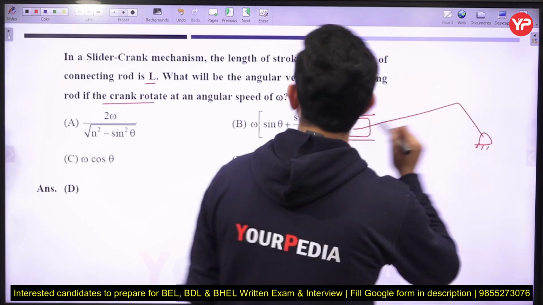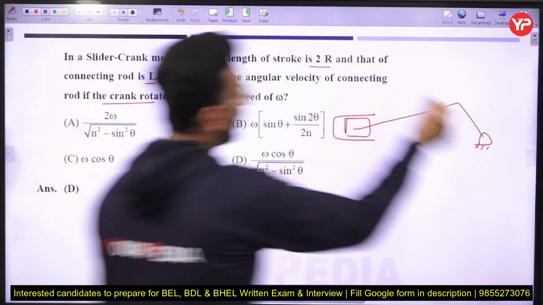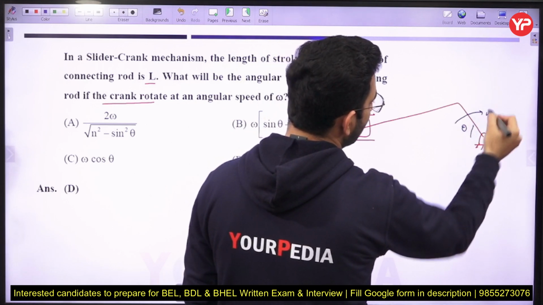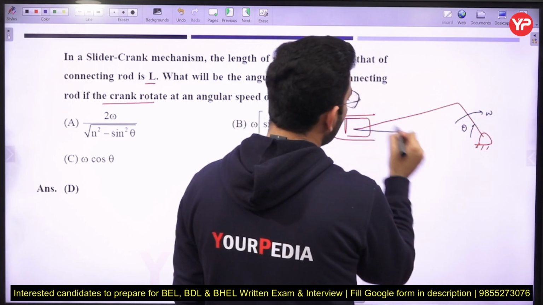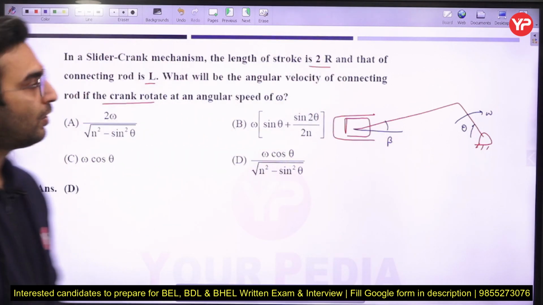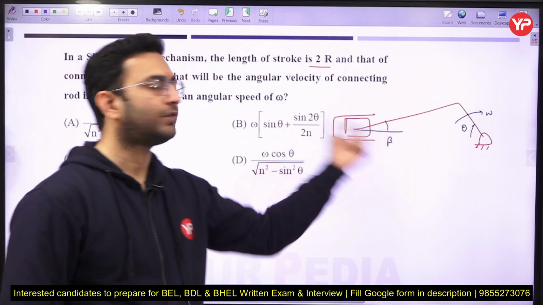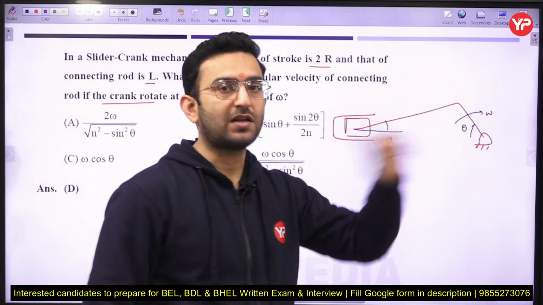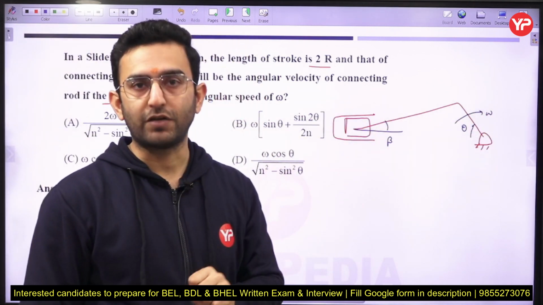Let us say the crank is making an angle of theta and is rotating with the angular velocity omega, and the connecting rod is making an angle of beta. So how do you find the angular velocity of the connecting rod? First of all, the angular velocity of the crank is equal to the rate of change of angular displacement with respect to time.